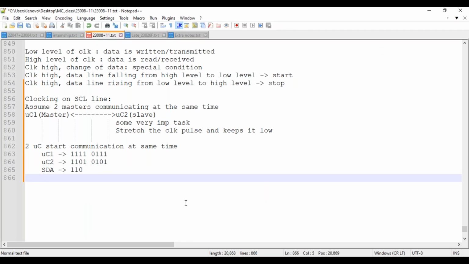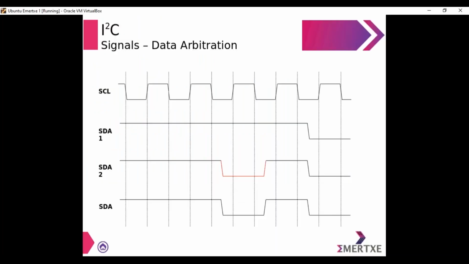So microcontroller 2 wins the bus and continues to communicate in that particular network. That is data arbitration, which happens when two masters start communicating at the same time.